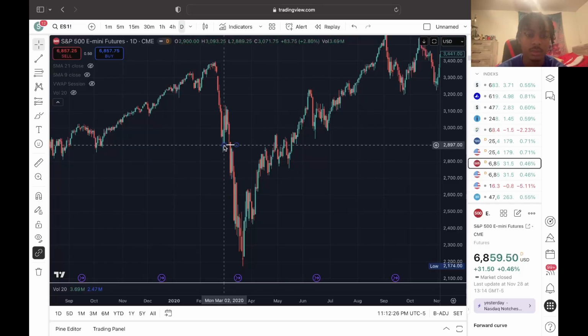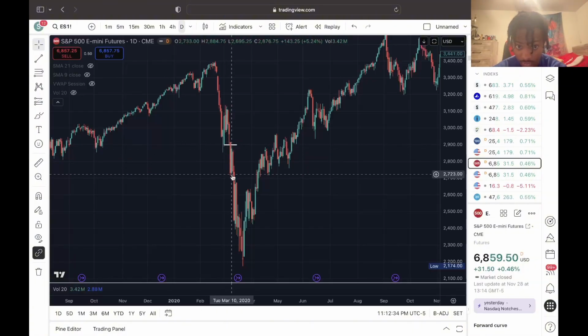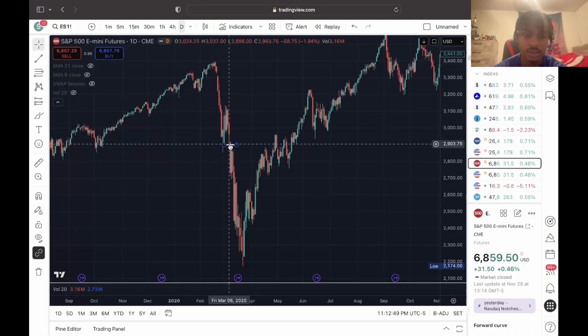And then once we broke past this low, we knew that price was going to continue the move downwards into an even lower low, all the way down here at this red candle right here. We knew it was going to continue our trend downwards because we had a break of structure right here.